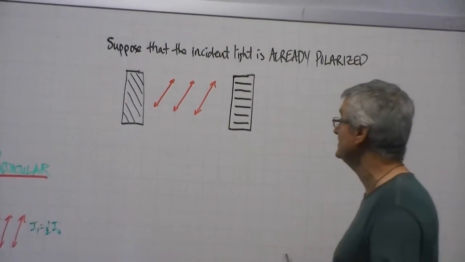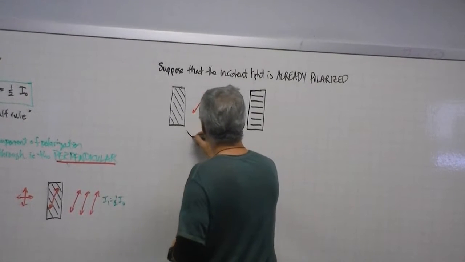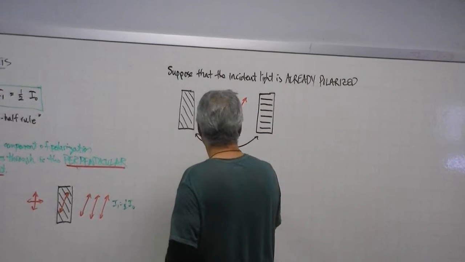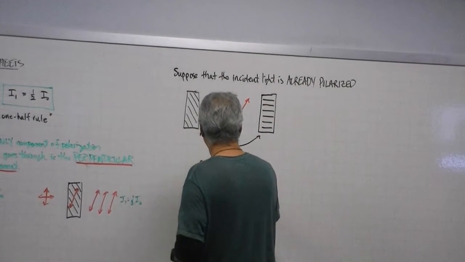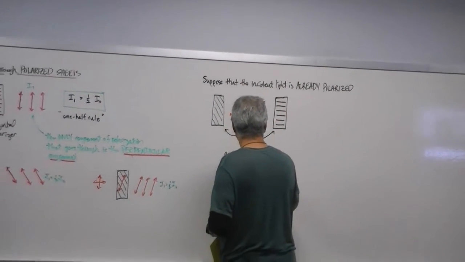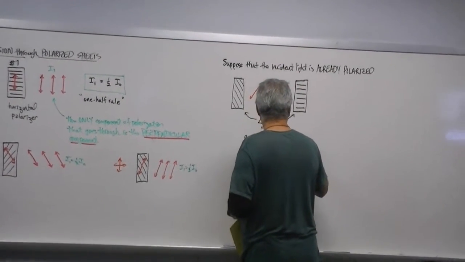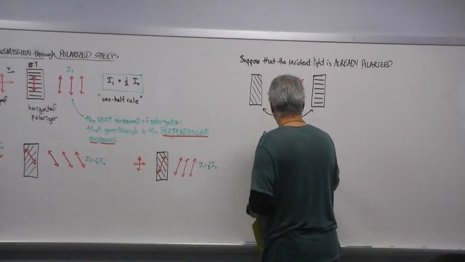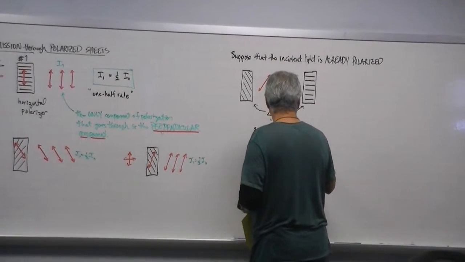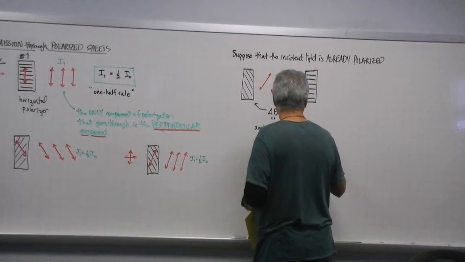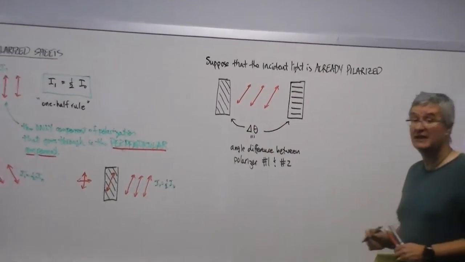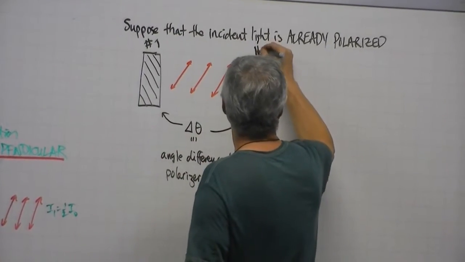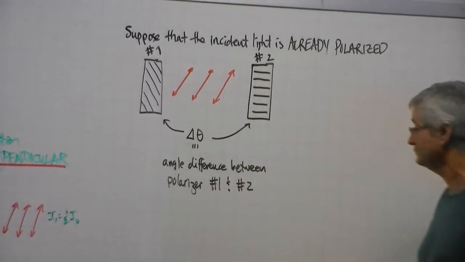So when I look at these things here, there's an angle difference, delta theta, and this guy here is the angle difference between polarizer number 1 and number 2. So if I label these guys in the language that we've been talking about, this is polarizer number 1 and this is polarizer number 2 here.